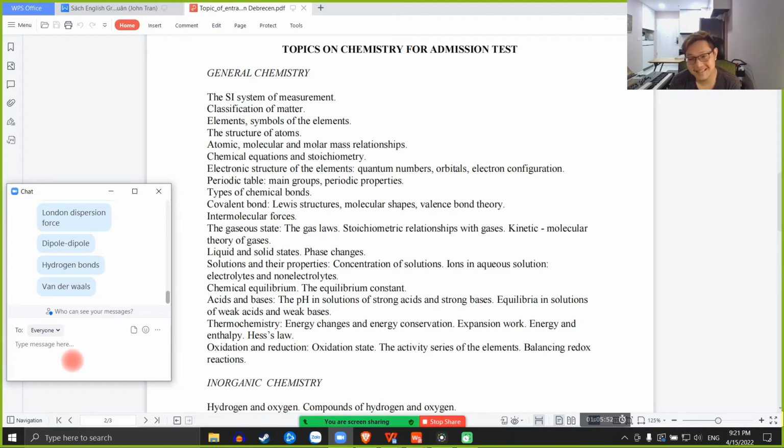Because it's based on the mass of the molecules. It's like Newton's attraction force. Newton's attraction force is used for massive things like planets, stars. But in the molecular world, you have London dispersion force. They are essentially the same thing. Nó y chang nhau á thực. Okay. So the bigger the molecule is, the stronger the London dispersion force. Okay, anything else?